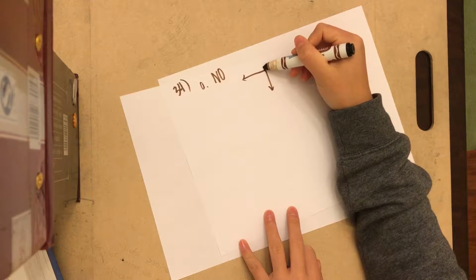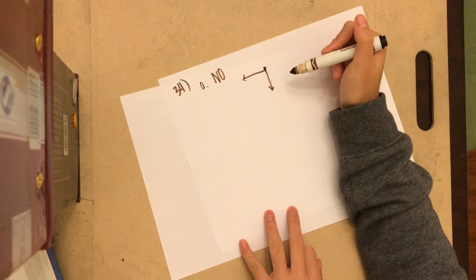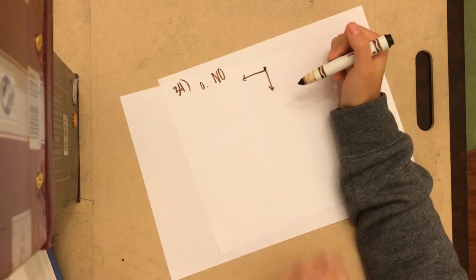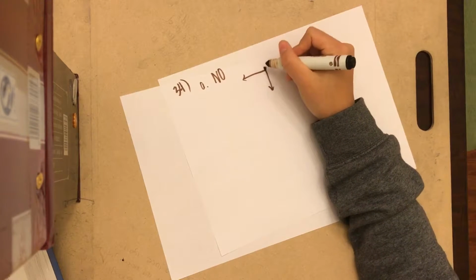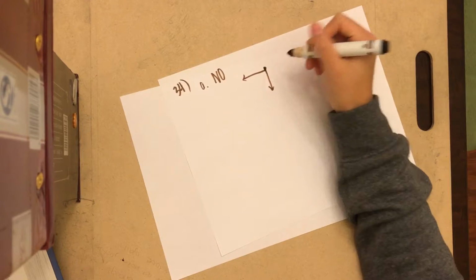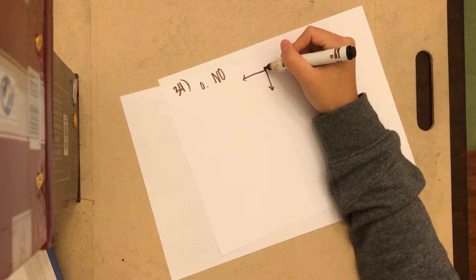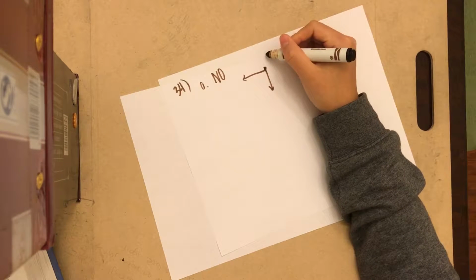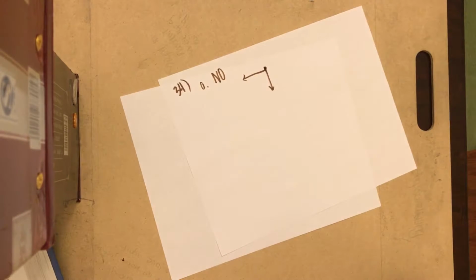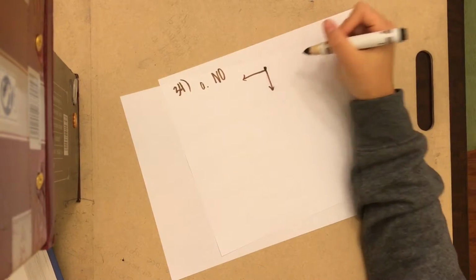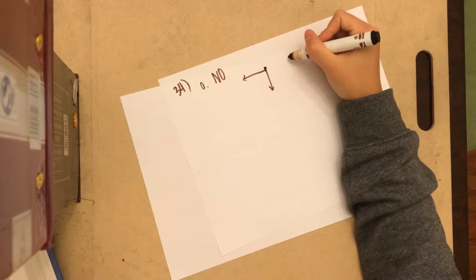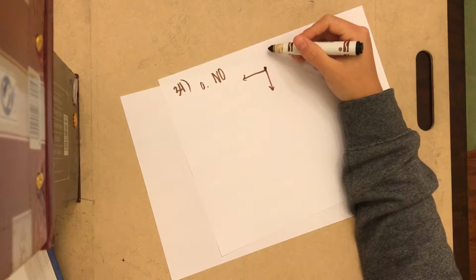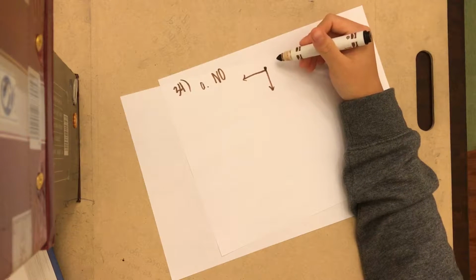In this case, there would be no other force interacting with the ball other than these two. So this would create an imbalance of forces in the x and y direction, and that would mean it would be accelerating upwards or downwards, which it is actually not.